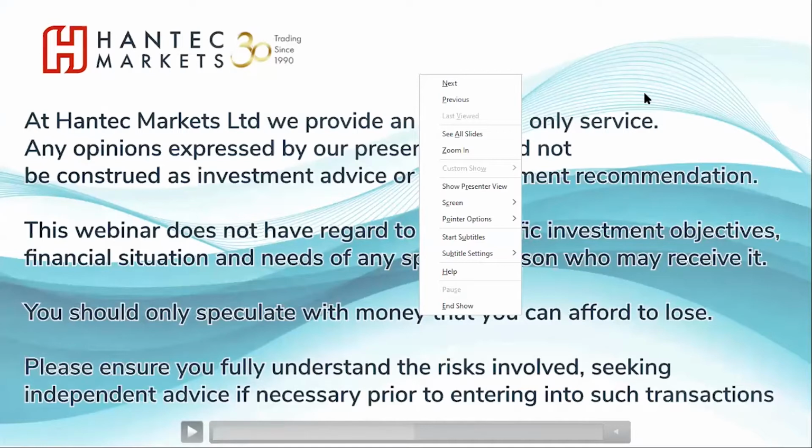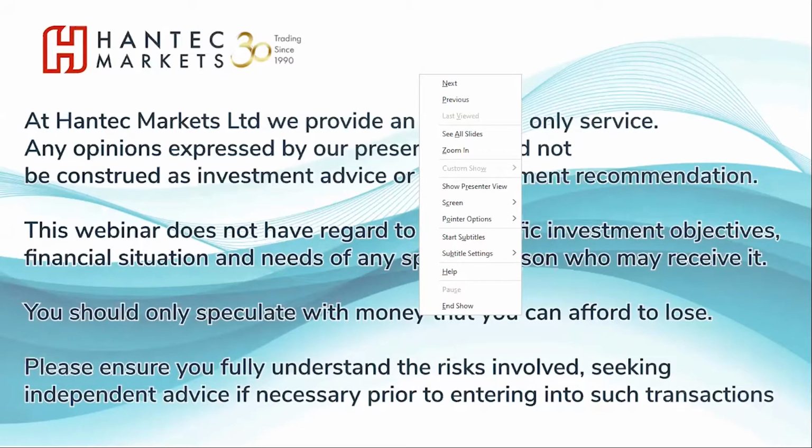This webinar does not have regard to the specific investment objectives, financial situation, and needs of any specific person who may receive it. You should only speculate with money that you can afford to lose. Please ensure you fully understand the risks involved, seeking independent advice if necessary prior to entering such transactions.